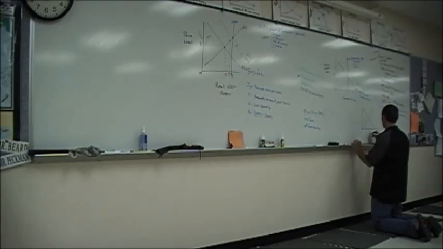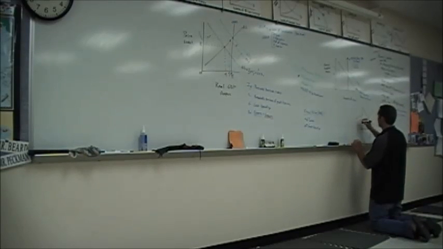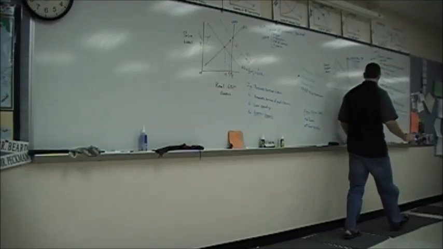So let's just take the United States, their dollar, and we'll compare it to the euro. Drawing the foreign exchange graph, we'll have the supply of the dollar, demand of the dollar, and the exchange rate.